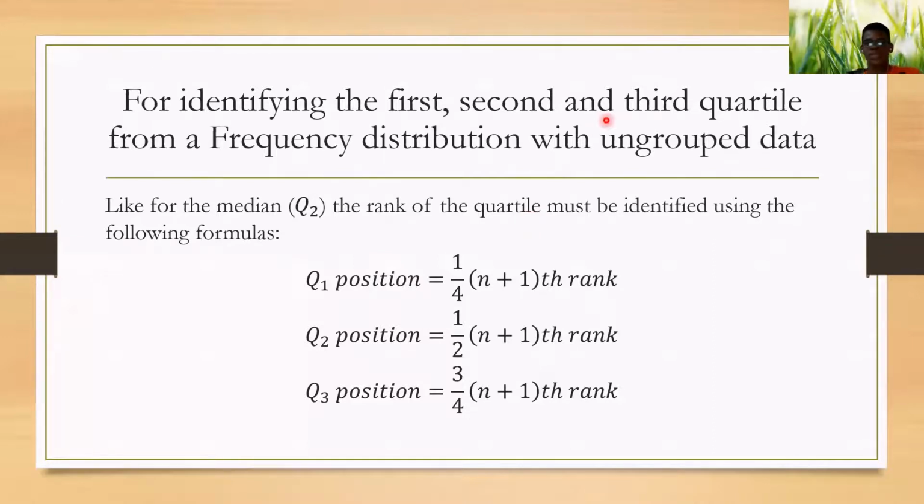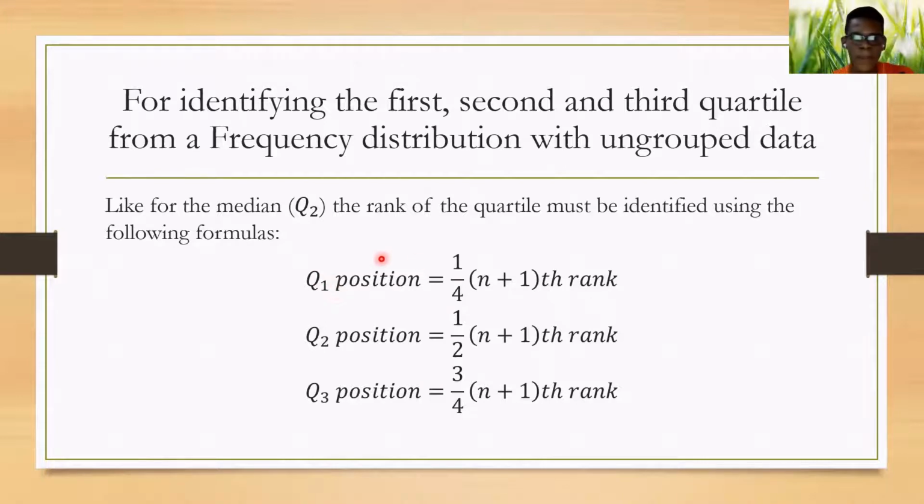Just like with the median position, we got to get the first quartile position and third quartile position, and you notice with the formula, it's easy to remember: n plus 1 divided by 2. But if it's the first quartile, it's n plus 1 divided by 4. If it's the third quartile, it's n plus 1 times 3 divided by 4. So the fractions are important. They just change based on what quartile it is.